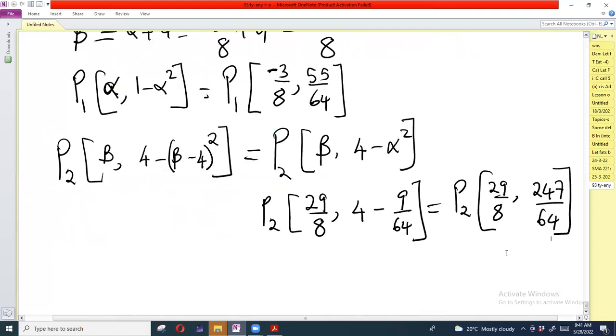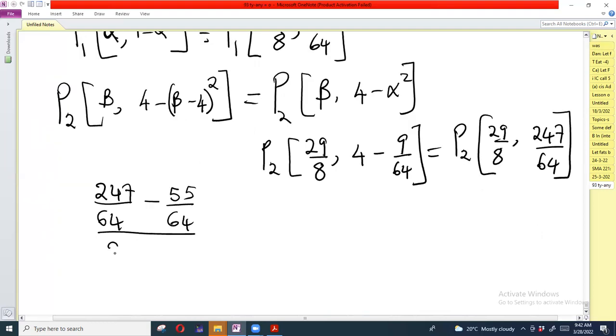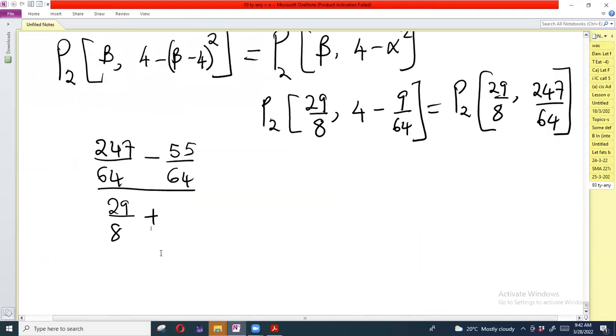And actually you can try to see that if you say 247/64 minus 55/64 divided by 29/8 plus 3/8, you get the slope m.